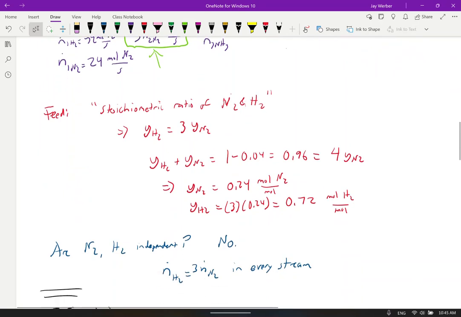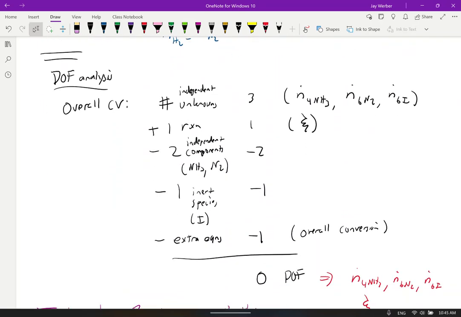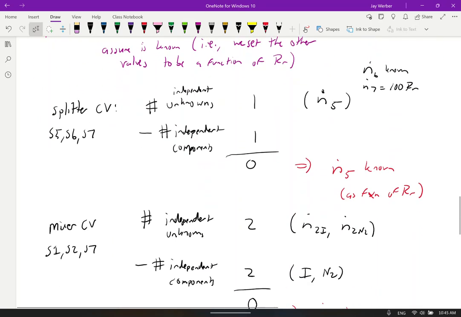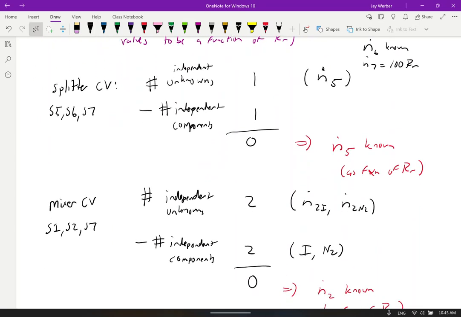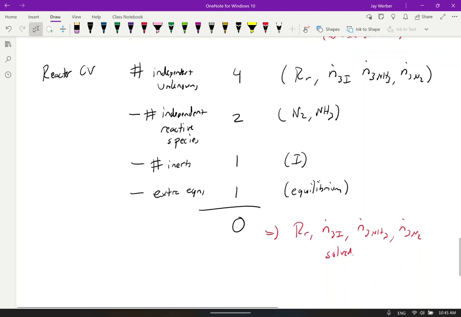So this suggests that for the overall CV, what we could do is solve for stream 4 and stream 6 just manually. That should be something we can do right off the bat and get the extent of reaction as well. But then after that, we're going to need to solve everything in terms of RR. And then at the very end, we will bring it all together.